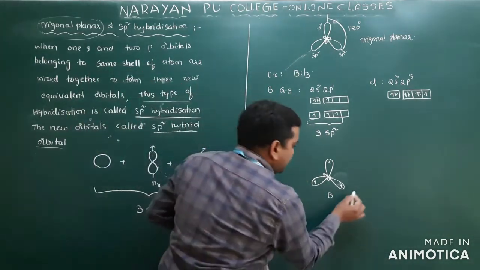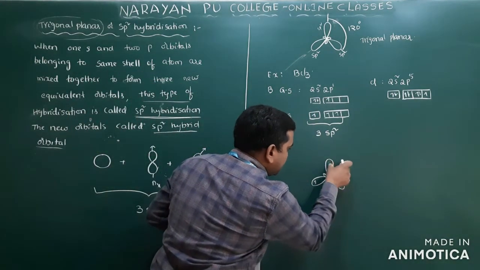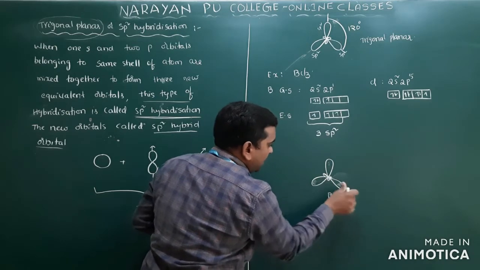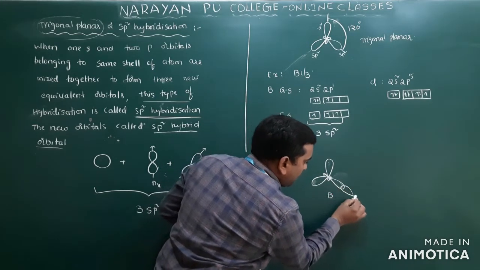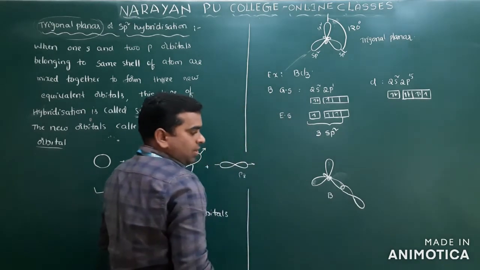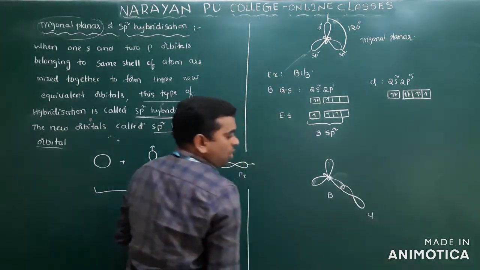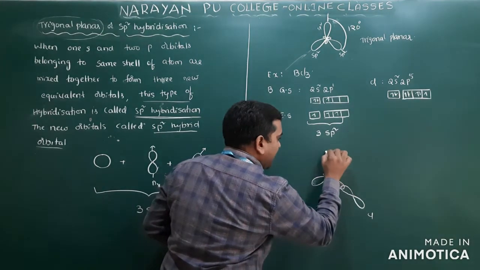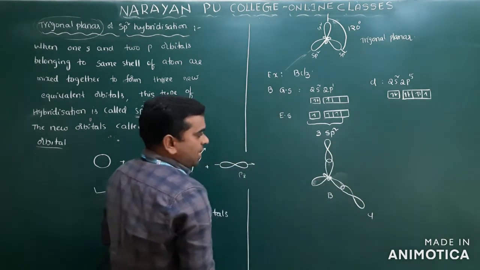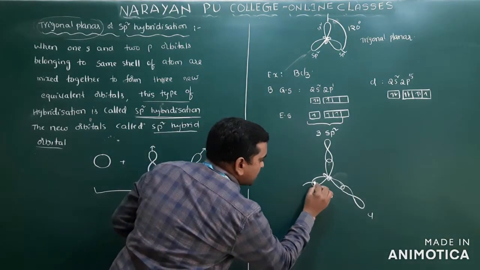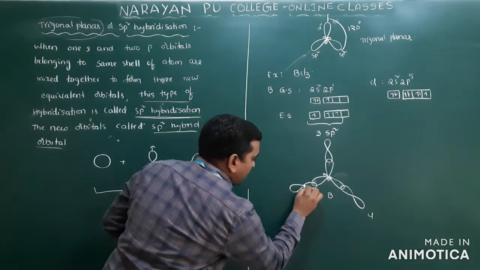Clear? So now this is overlapping. This is the p orbital of chlorine, this is the p orbital of another chlorine, and this is the p orbital of another chlorine.